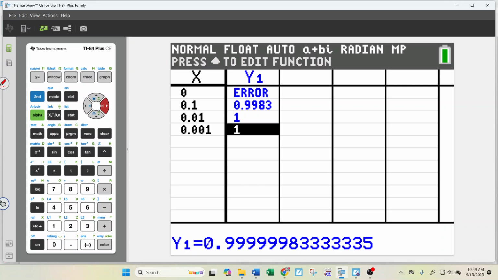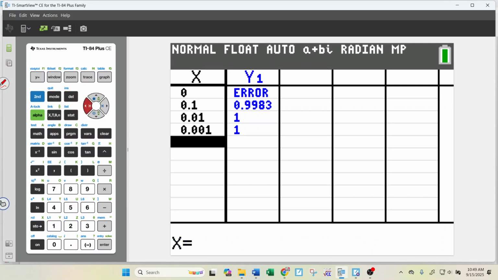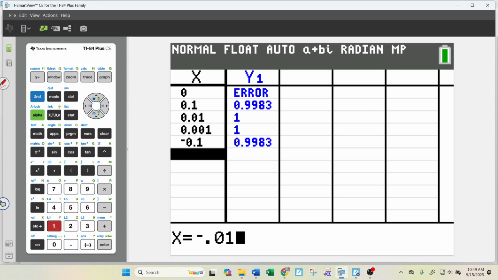So to determine if it's truly 1, we also have to know what happens from the left. So I'd have to put in negative 0.1, negative 0.01, negative 0.0001. Is it working? There we go, negative 0.1, negative 0.01, negative 0.001.